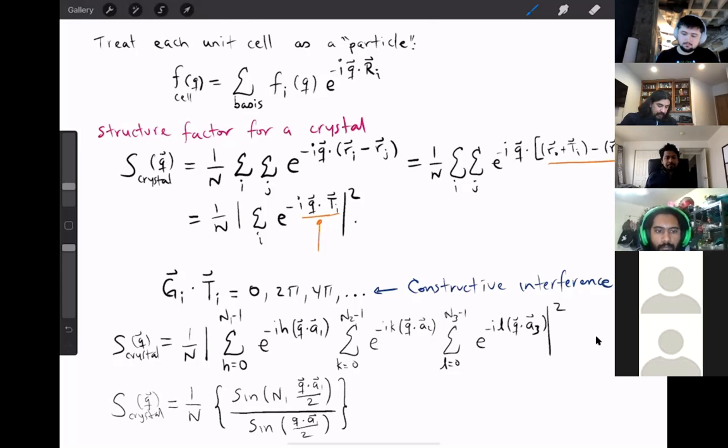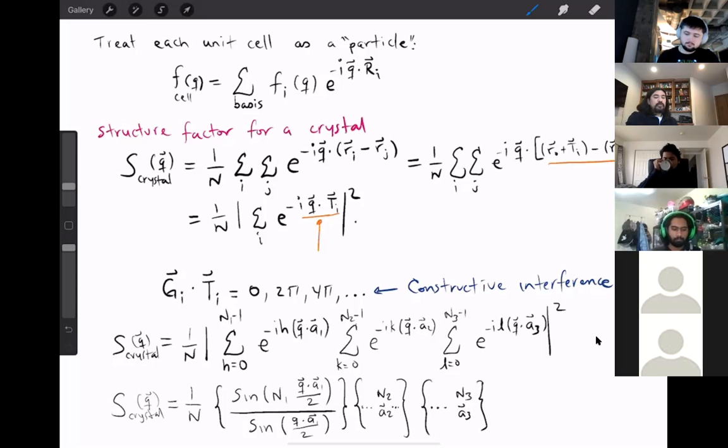So this little curly bracket is the intensity from one line of atoms. And that's what we did in the previous class. And then I will have another bracket that goes with the N2 and A2 vector. Same terms, you just switch those things there. And then another bracket, that summation would be related to the N3 integer and the A3 direction.